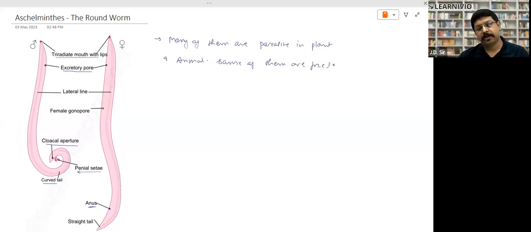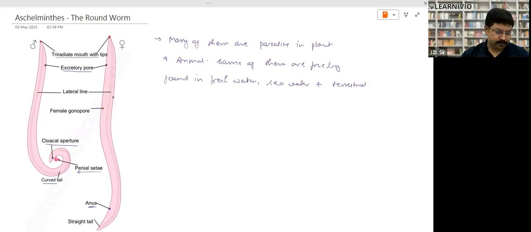They are not parasites. Free living and found in all habitats: fresh water, sea water, and terrestrial as well, meaning on the land.